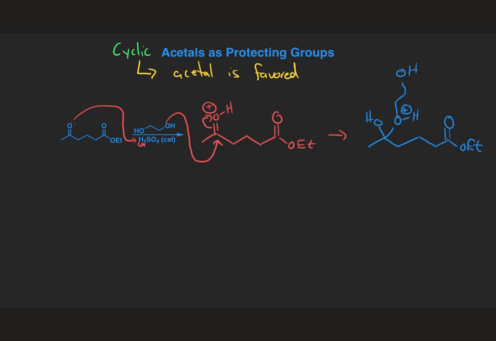I'm not going to go through the whole mechanism again. Suffice to say that over multiple steps, this reaction goes on to form a cyclic acetal that looks like this.